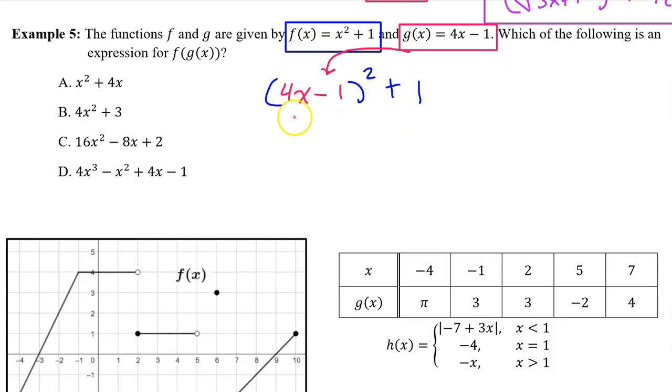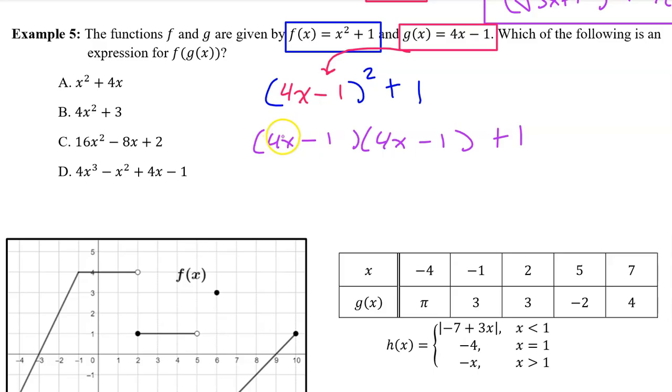Please do not think you're going to just square these two terms individually and maybe get 16x squared plus 1 or something like that. That would be wrong. That's a common mistake. Instead, please understand that you have to FOIL this. 4x minus 1 times 4x minus 1.